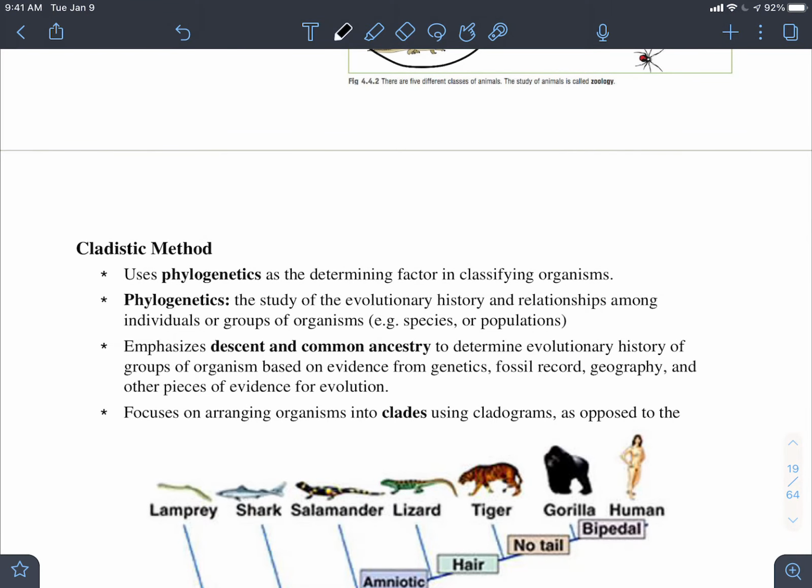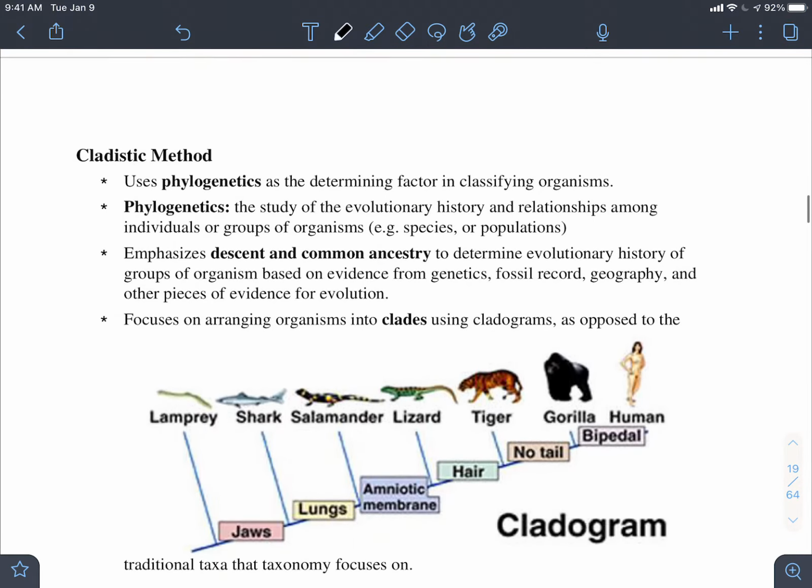Now in the cladistic method, we fix some of that and we make a more sequential and telling story. The cladistic method uses phylogenetics as the determining factor in classifying organisms. Phylogenetics is the study of the evolutionary history and relationships among individuals or organisms or groups of organisms.